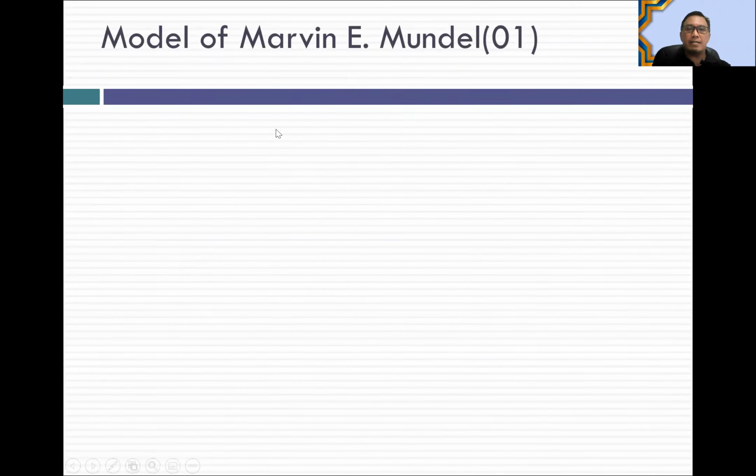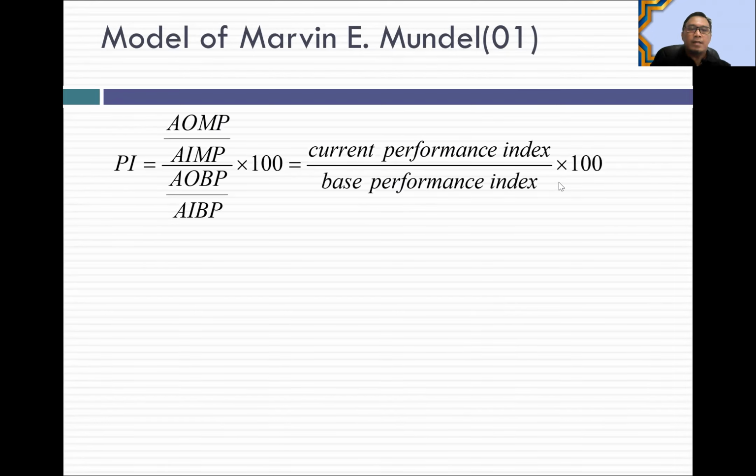All right, and then the last model that I want to introduce to you is the model of Marvin Mondo. In Marvin Mondo, there are some equations. The first one is usually called PI, or productivity index.